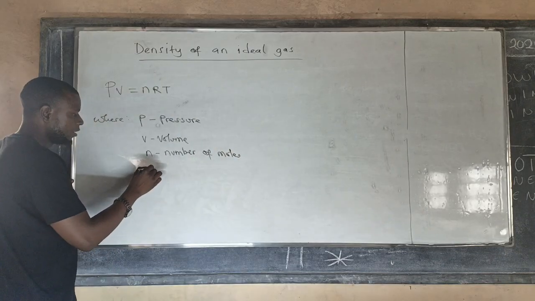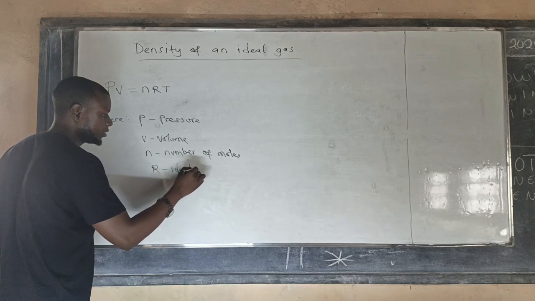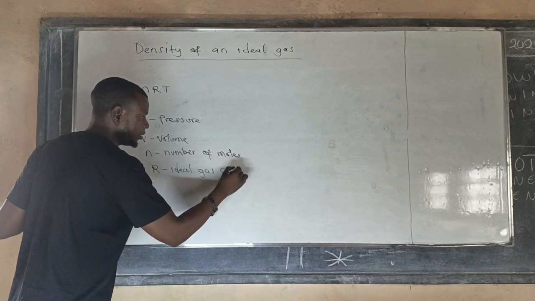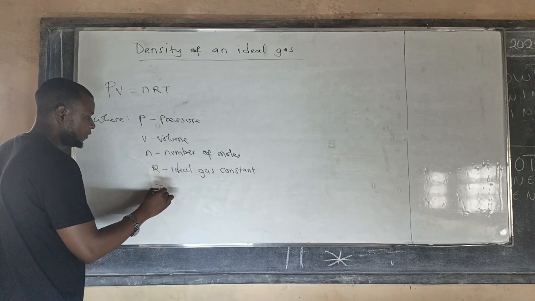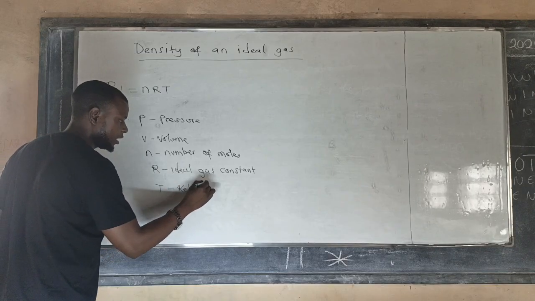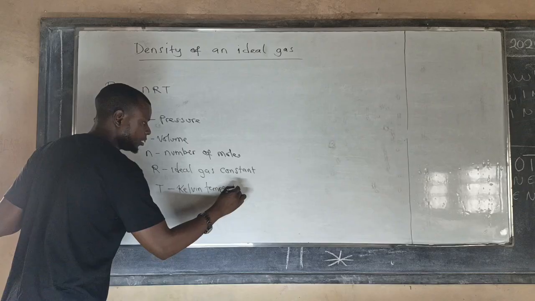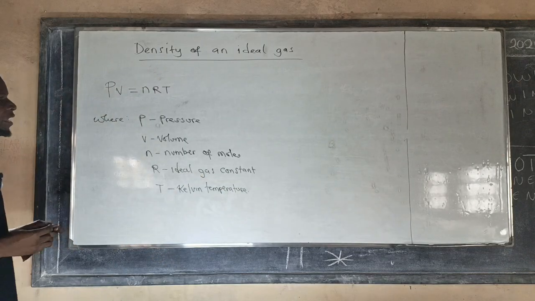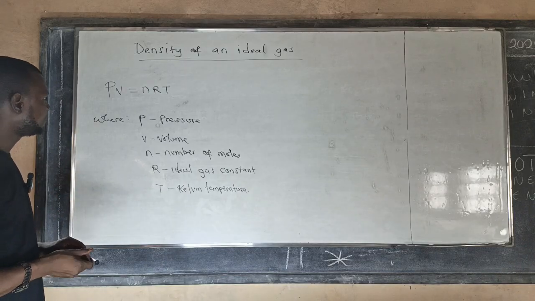R is the ideal gas constant. And T is Kelvin temperature, or temperature in kelvins. So that's what we have in the ideal gas law equation: PV equals nRT.